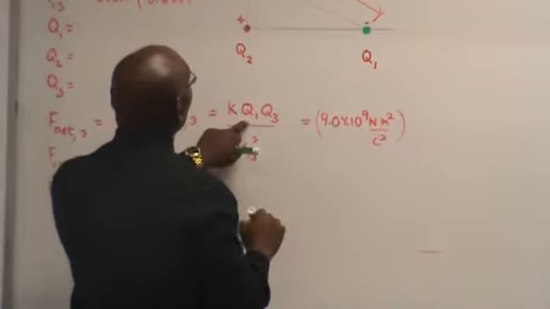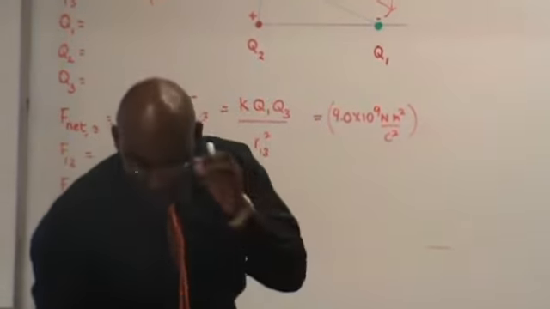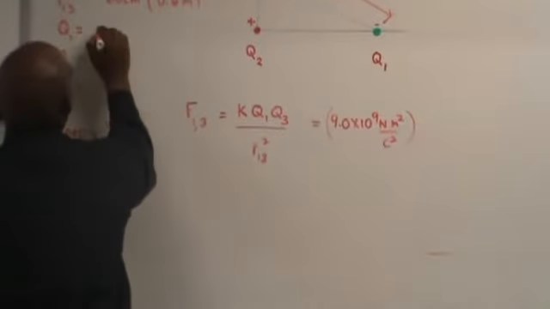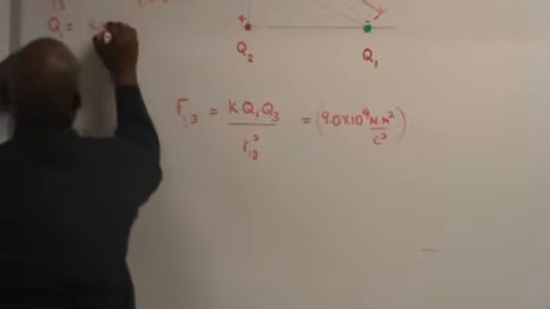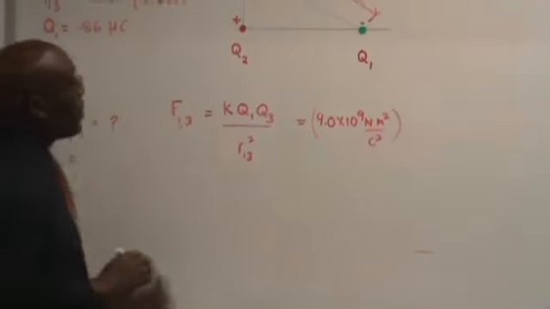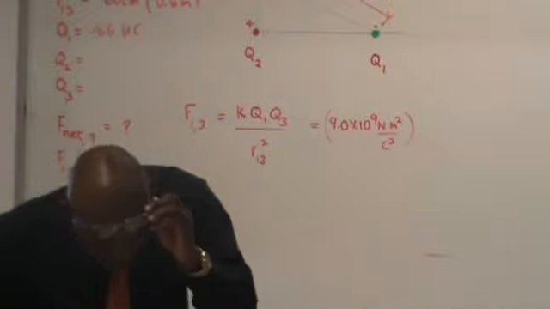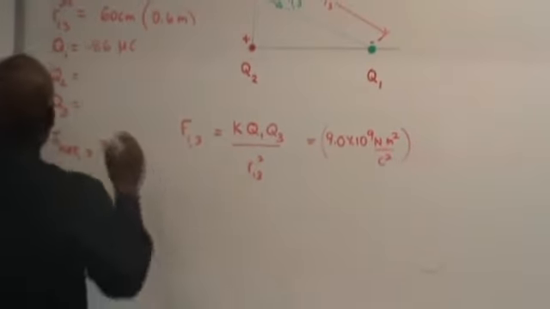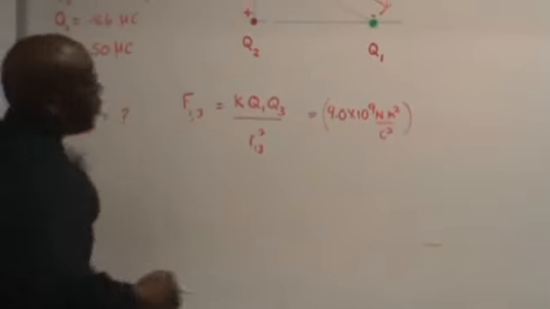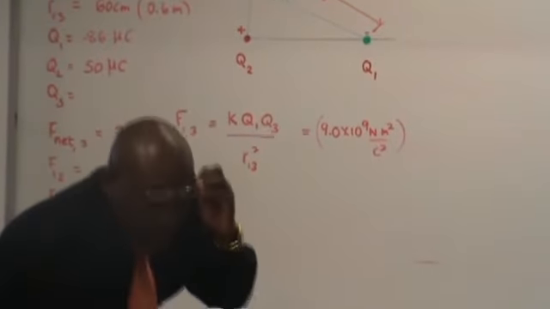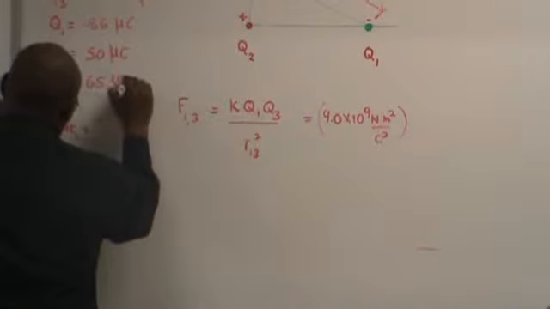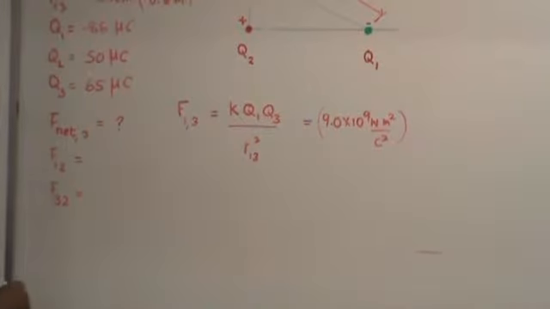Q1. What did we say Q1 was? We didn't say, did we? No. 86 microcoulombs. That's Q1. Q2 is 50. And Q3 is 65. Okay?